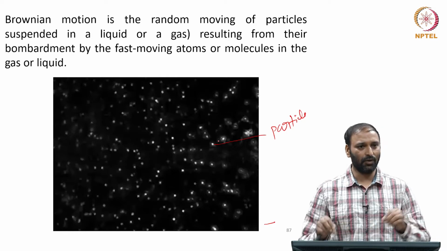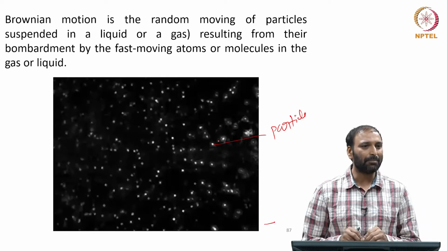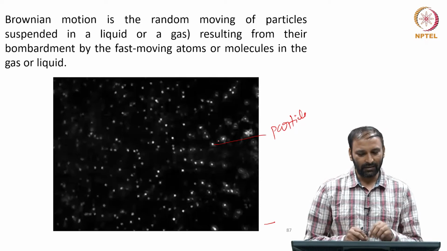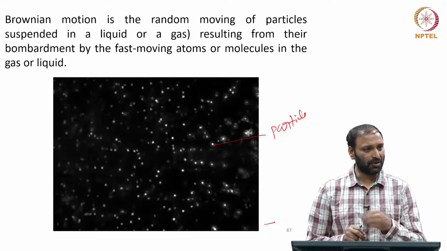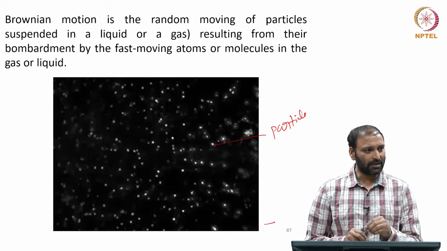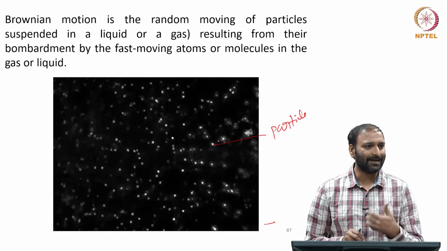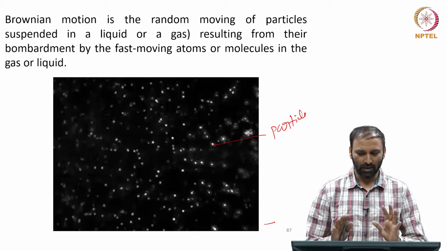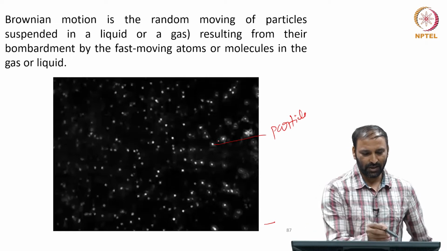They are jiggling around, not in any particular direction. It's a chaotic motion. That motion comes about because you have these particles embedded in a fluid, and these fluid molecules are constantly hitting or bombarding the particles. That is what is called Brownian motion.